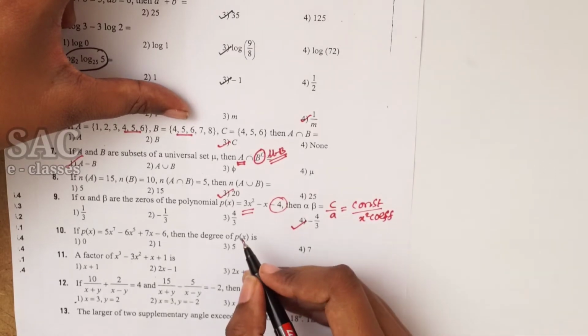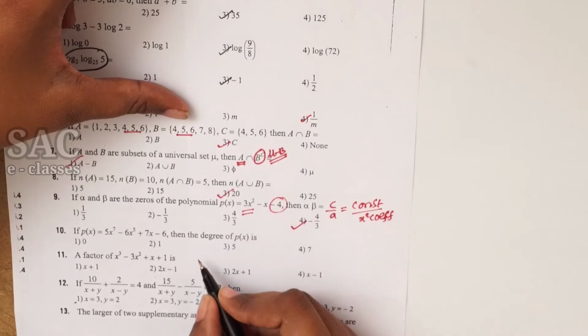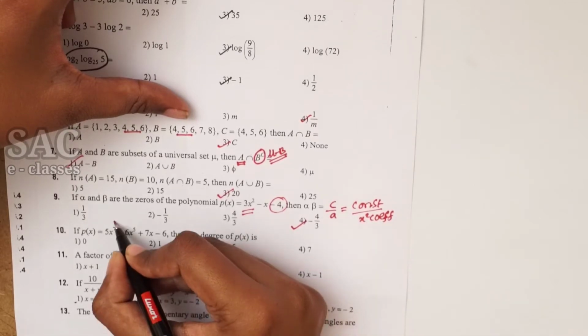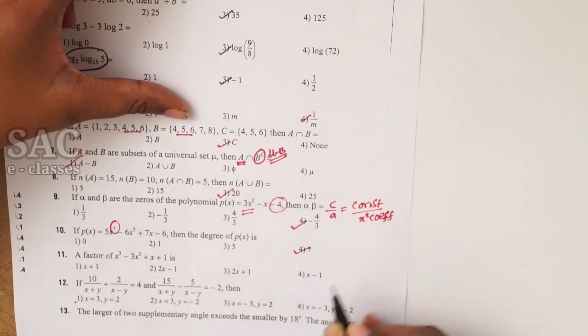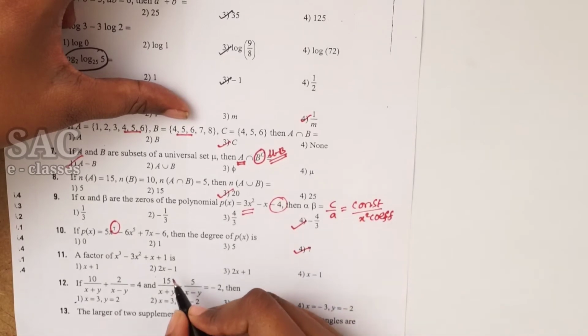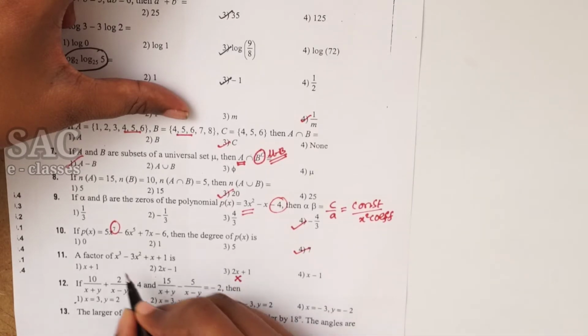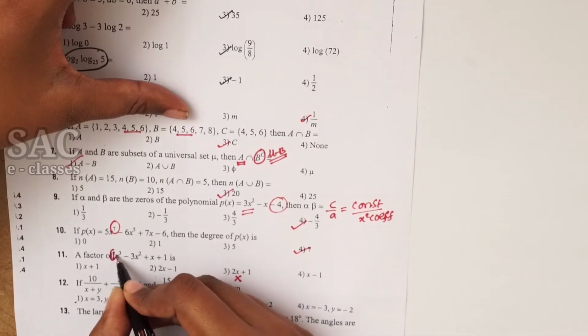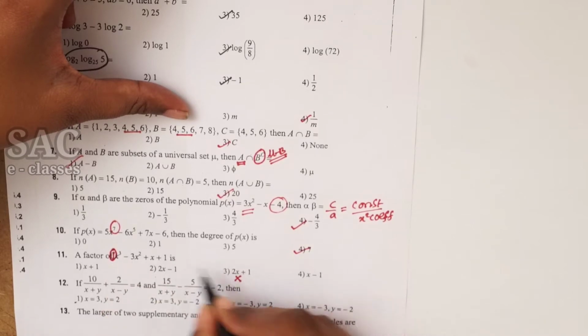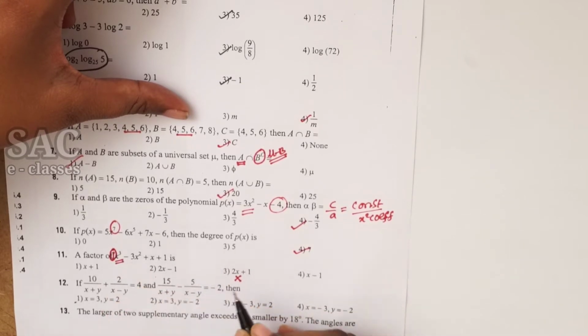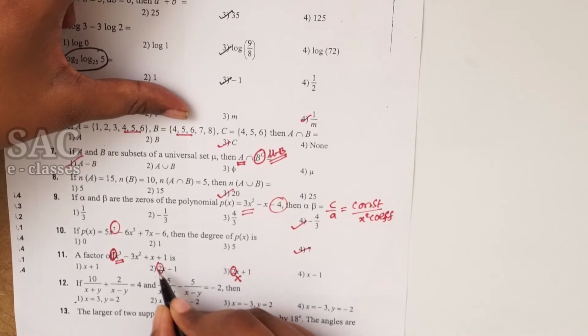Tenth one: if p of x is 5x power 7 minus 6x power 5 plus 7x minus 6, then the degree of p of x is the highest degree, which is 7. A factor of x cube minus 3x square plus x plus 1 is what? Being a monic polynomial, where monic means the x cube coefficient is 1, it cannot have a factor like 2x plus 1 or 2x minus 1.